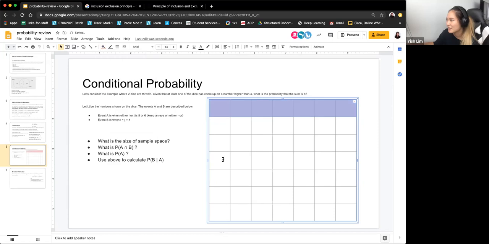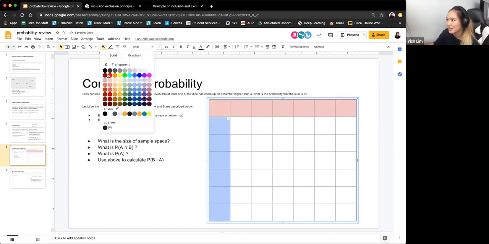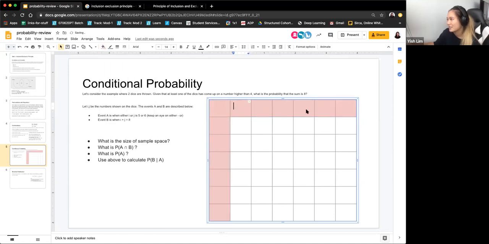So let me make this a different color and show you how I set this up. Let's have each column be dice 1 and each row be dice 2. Technically, it doesn't really matter.